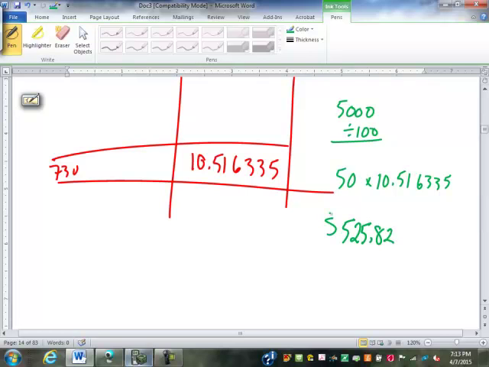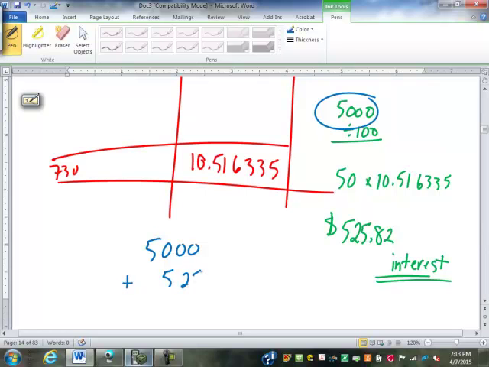That's $525.82 in interest. That's what we gained in those 2 years. So the future value is the original $5,000 plus the interest of $525.82. So the future value is $5,525.82.